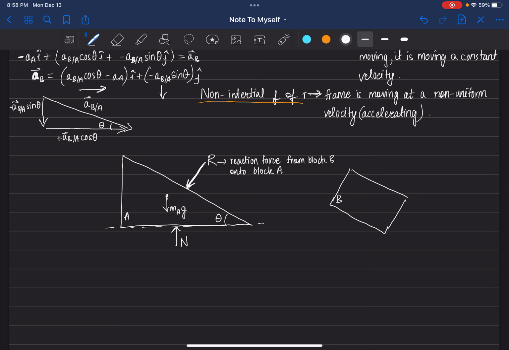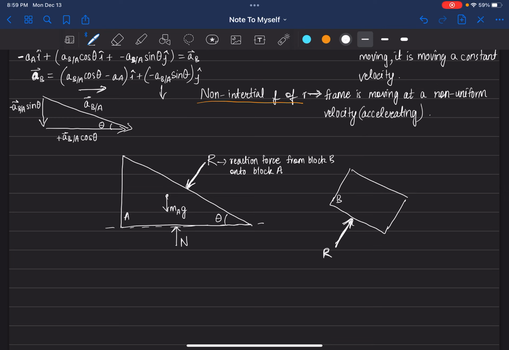So this is block B acting on block A. Now, because of Newton's third law, we should know that block A is going to act with the same magnitude but opposite to block B, right? Newton's third law tells us that every action has an equal and opposite reaction. So that's the same thing going on here. If block B is acting on block A, that means block A has to act on block B. So equal, that is why I'm calling this one R as well. They're equal and they're opposite.